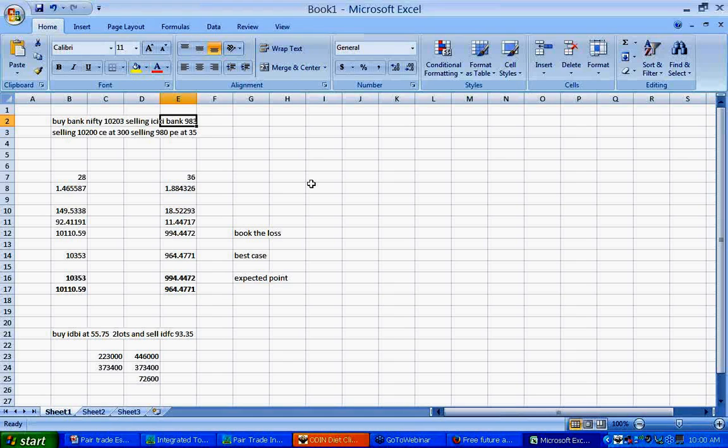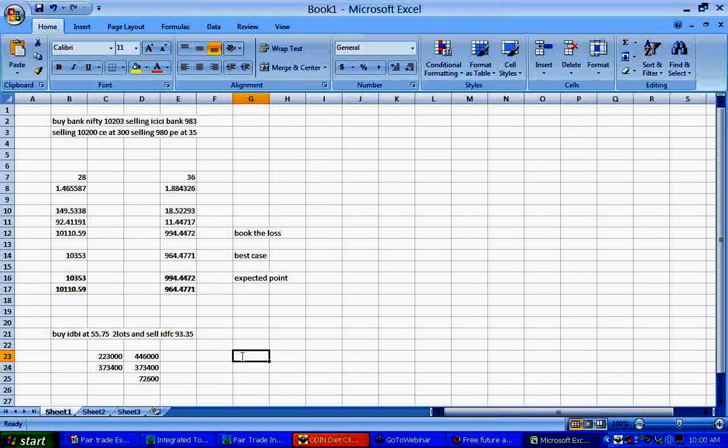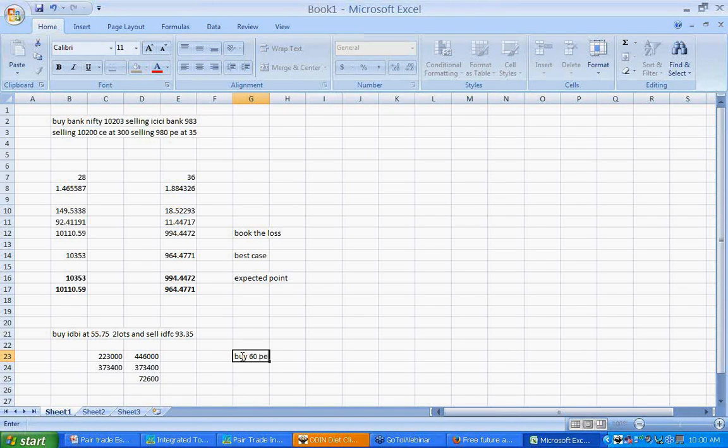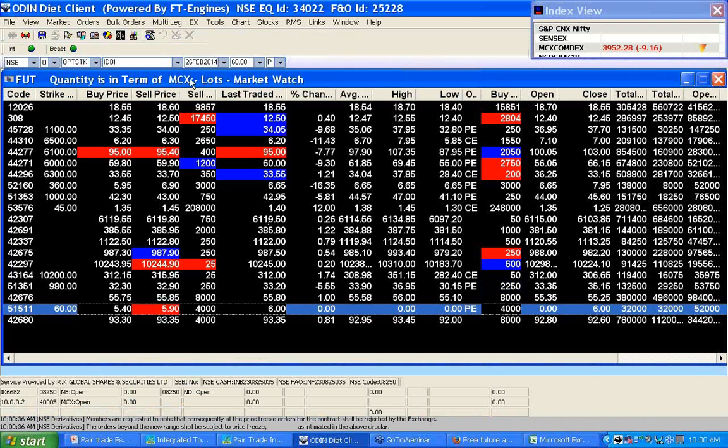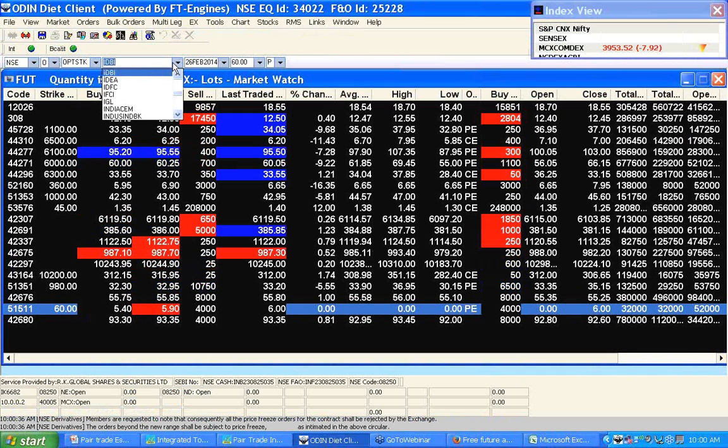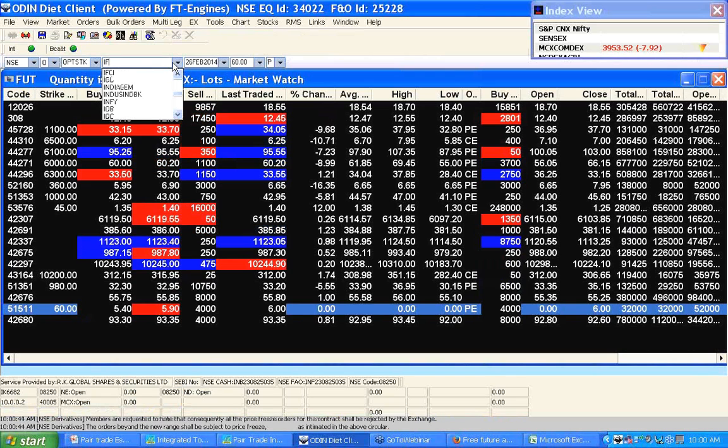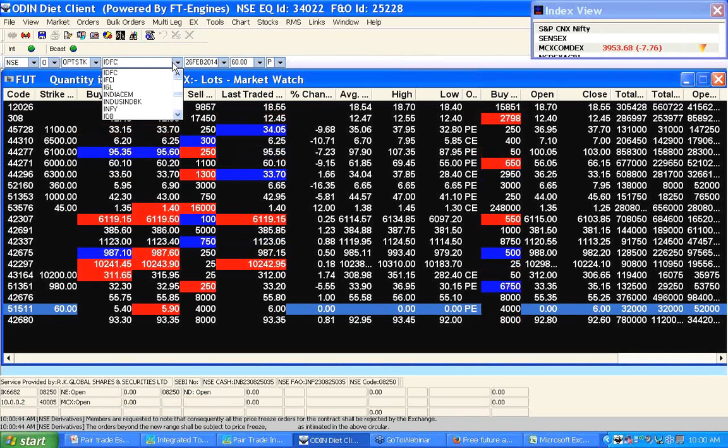We are going to hold it for 10 days. So if you are not secured enough, you can think of buying a 60 put option. Same time, I can suggest some 90 call option of IDFC, somewhat in the money.